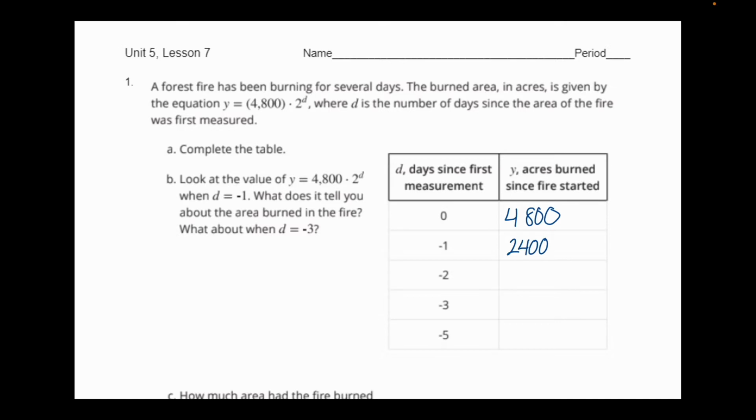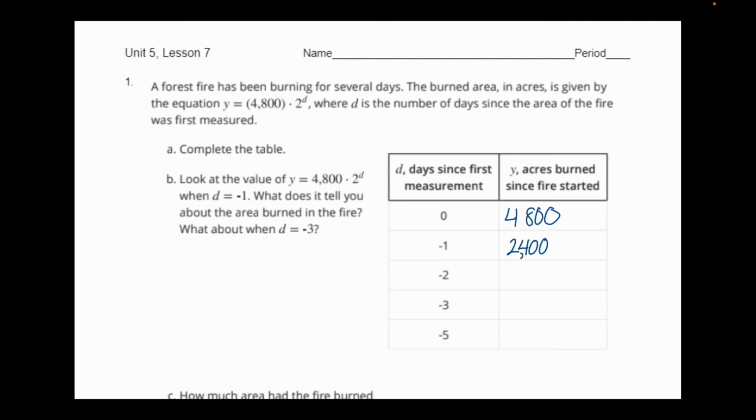So when we want to follow a pattern backwards, because maybe we didn't catch a measurement of something at the original time it happened, we can still follow its pattern and go backwards and calculate what it should have been following that same pattern. So we're going to keep going and put in -2, -3, and then -5. If we put in -2, we will get 1,200.